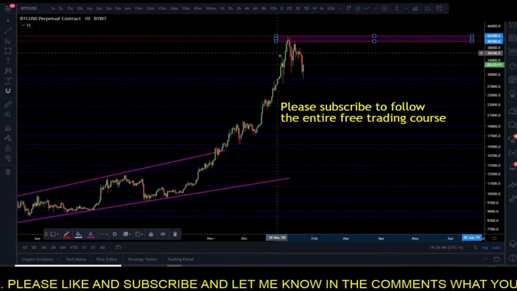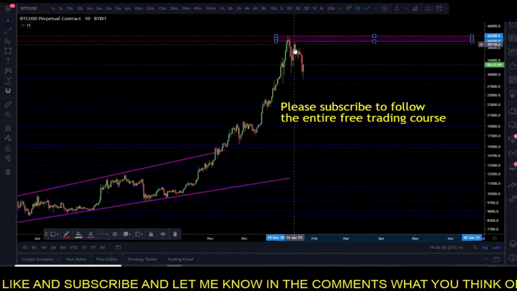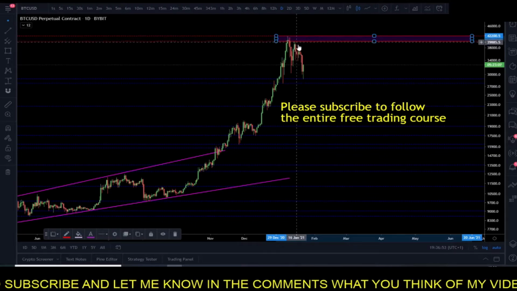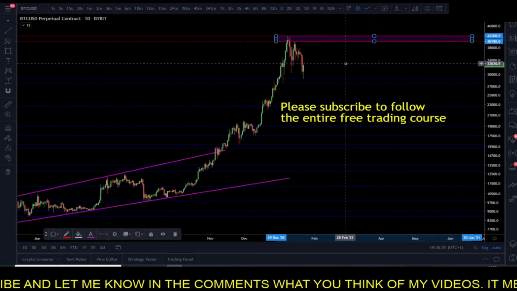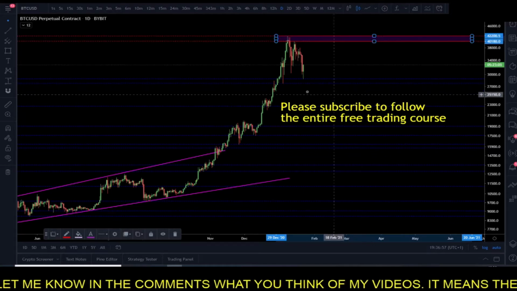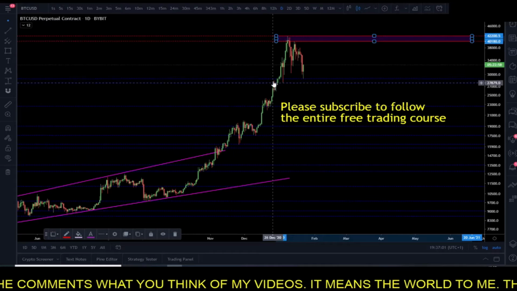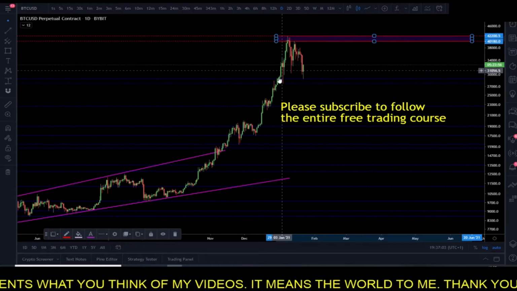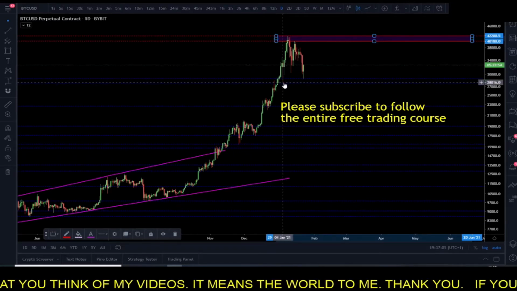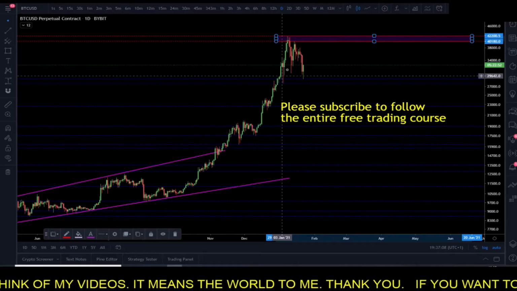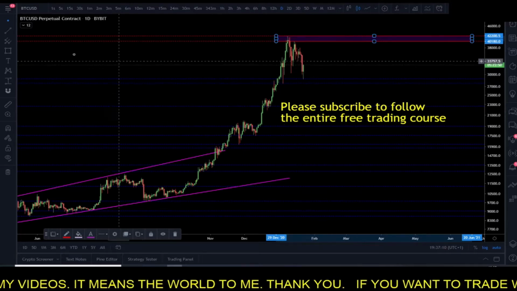So here I can see we had resistance, and here we rejected. So this is a valid resistance box. This one, see, here we rejected as resistance, here we rejected as new support, and here we did the same.